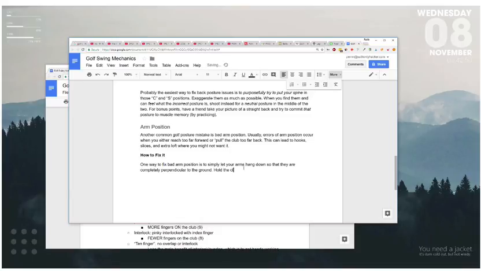Hold the club like that, and then move your entire body forward or backward. Now I'm adding in some of my own experience and also just what makes sense in my head if I were doing this, but I also got up in my room and practiced this so that I could kind of relay what I was doing as I was learning, which is where my own expertise comes in.